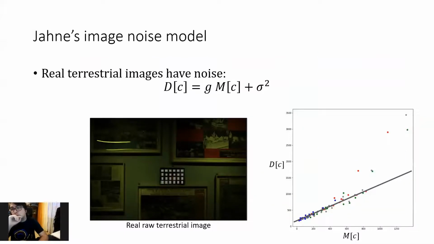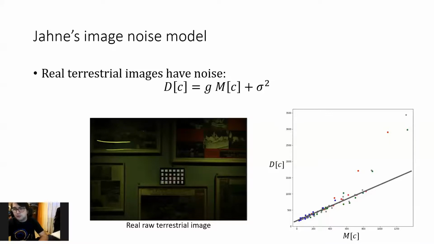Let's talk about the noise model of the real images. To model the noise, we use Jahne's model, which states that the variance of the camera signal linearly depends on its mean value. This model was verified on real data, and here we show our verification of this model for some camera.